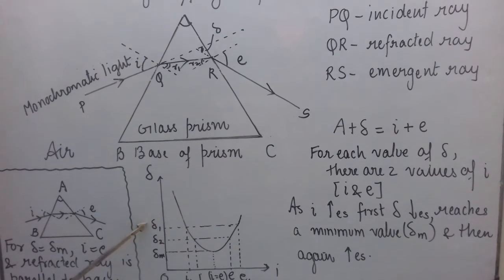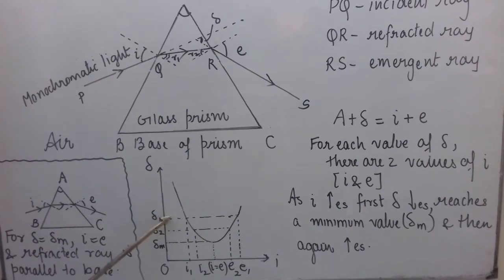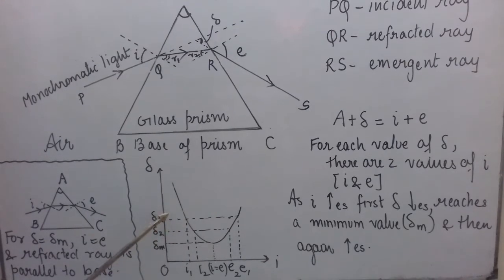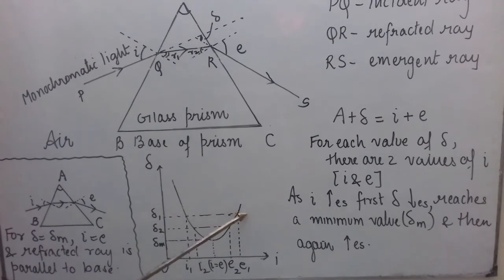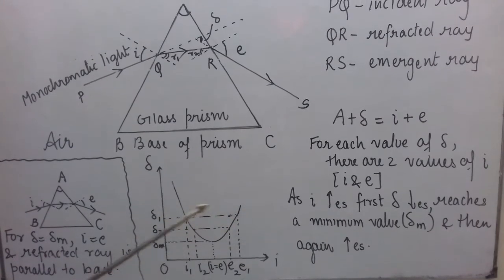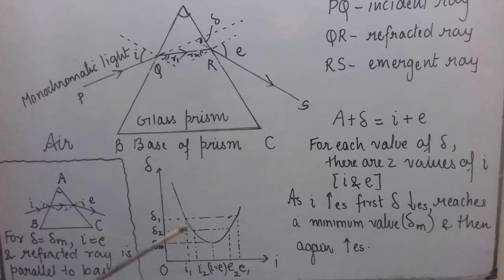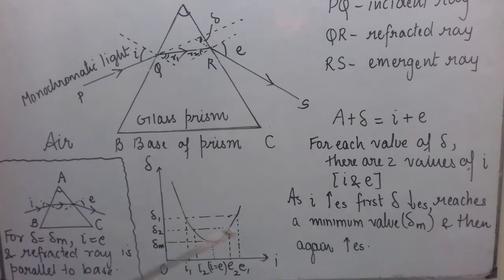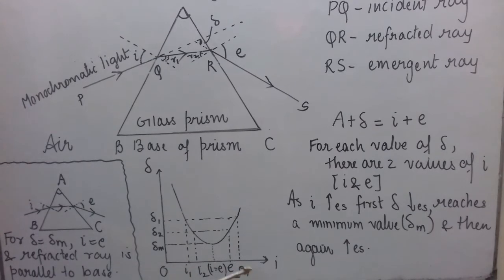From the graph we can see that, suppose I take this value of delta as delta 1. Just draw a normal on this axis. Let it intersect the graph at two places. By dropping perpendiculars from these two points on the angle of incidence axis, we get two values of i. If one is i1, the other is e1.